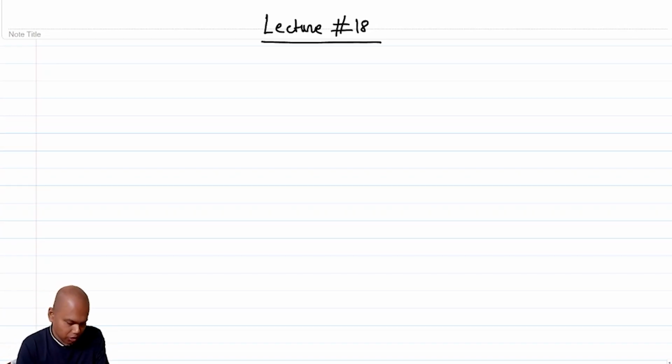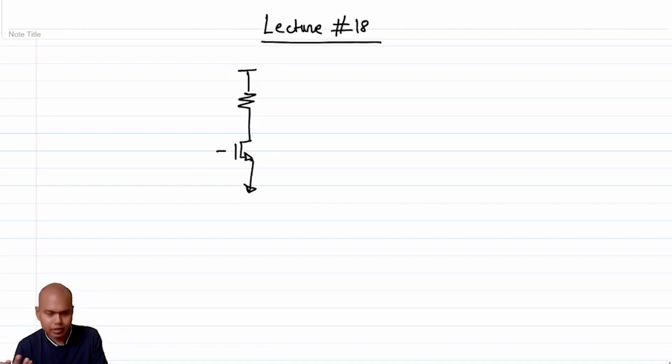So what is the goal? The goal is, let's say I have a network with a transistor and a resistor. Let's say it's a common source amplifier, and we are only interested in the small signal equivalent.